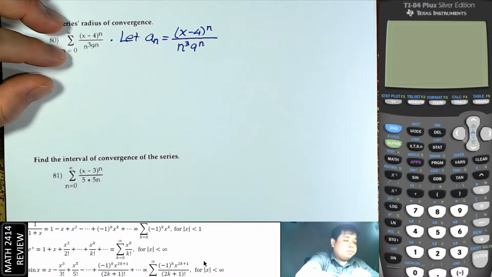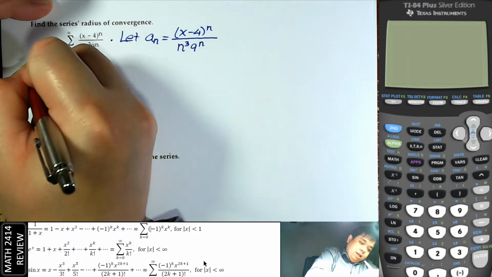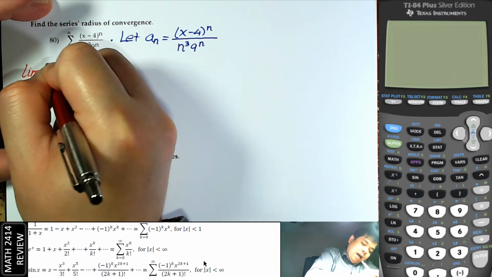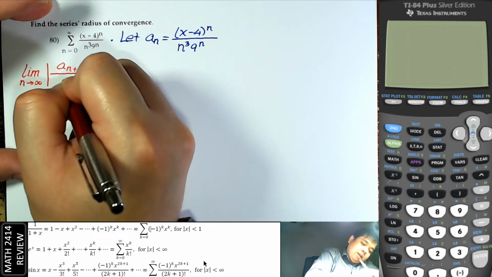Now the ratio test is the ratio of absolute values of the next term divided by this term.